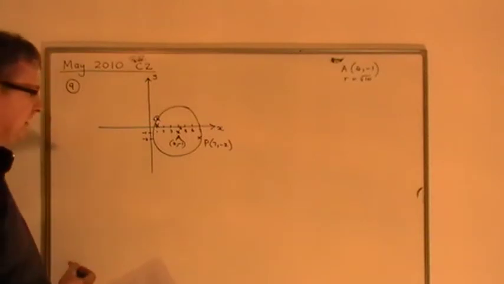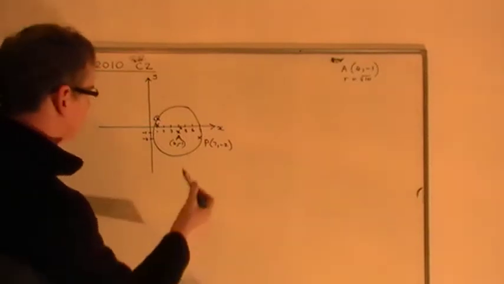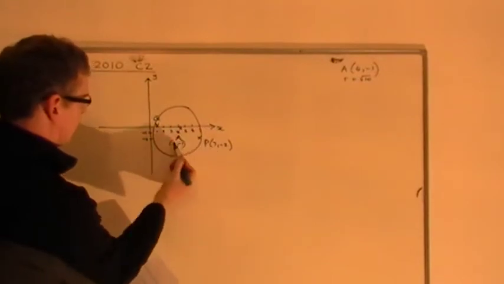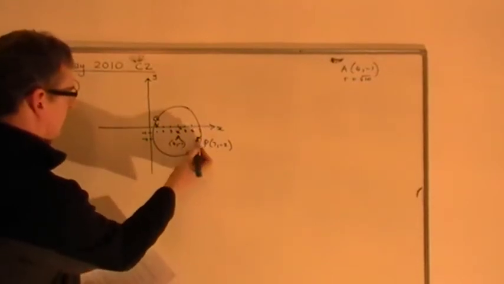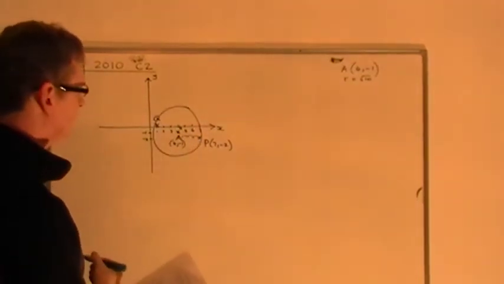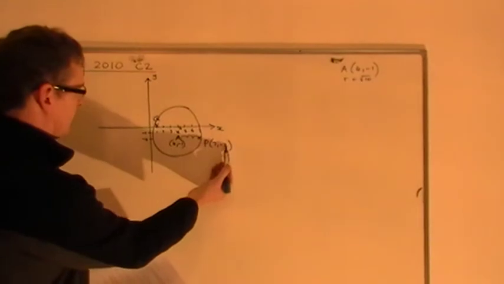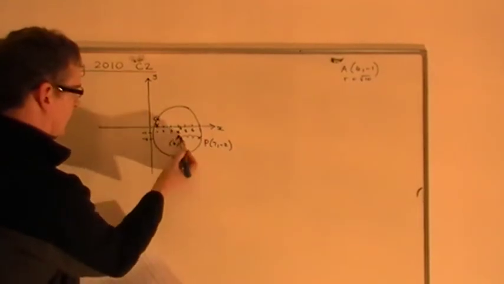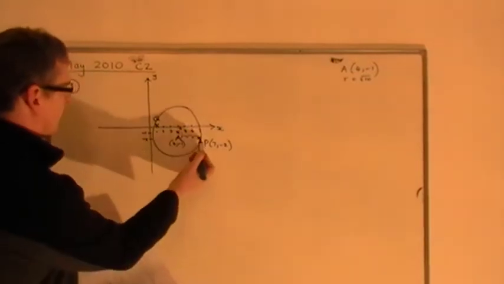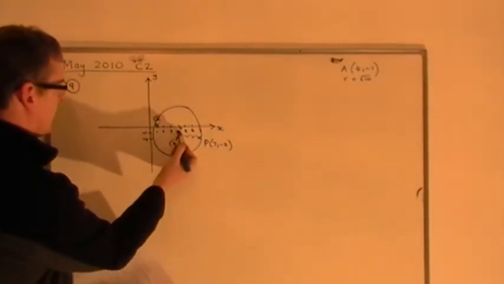One way would be, I suggest, that to go from P to A, it goes from 7 to 4, so all you're doing is counting 1, 2, 3 steps to the left, and then it goes from -2 on the y to -1 on the y, so that means you've counted 1 up. So you're going 3 left, 1 up.